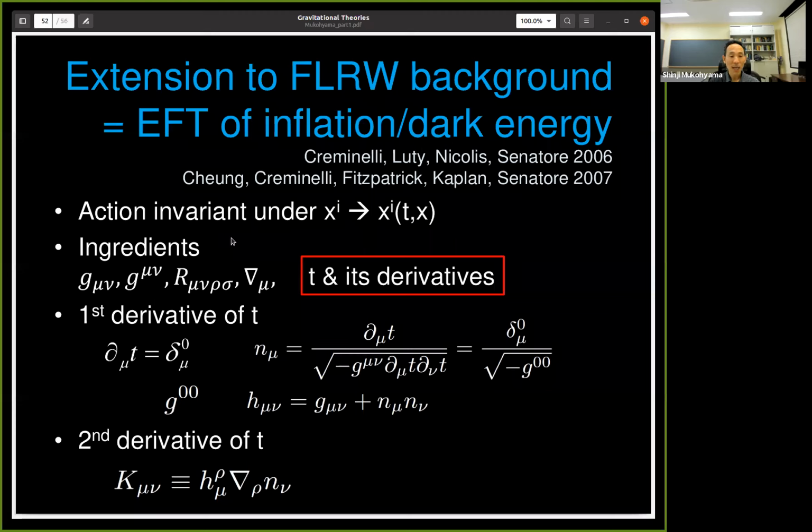The ingredients: of course, we can use a metric and the inverse of the metric, the Riemann curvature, and the covariant derivative constructed from this metric as usual. But on top of that, we can use time, because time is invariant under this. We don't change time. So the action can depend explicitly on time.